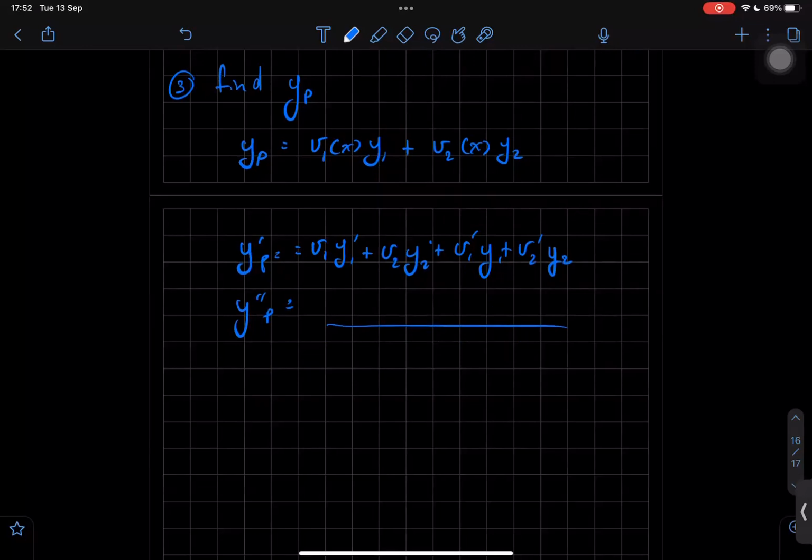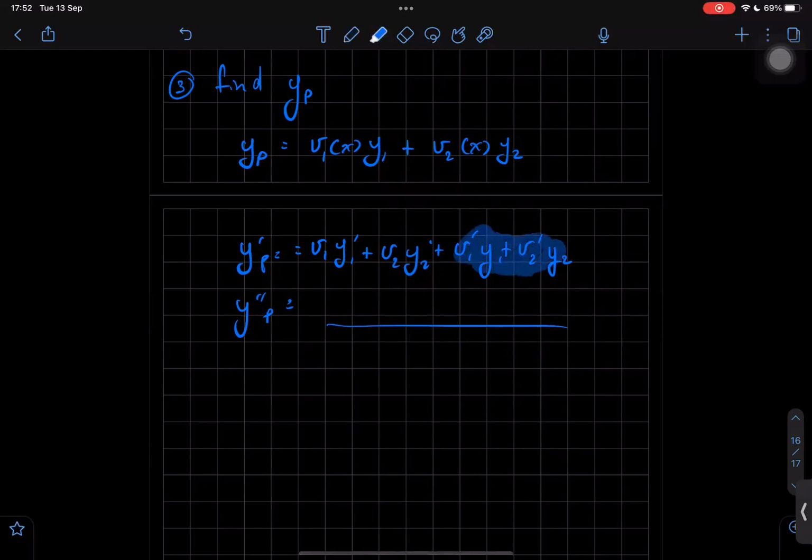Now we want to avoid the second derivative of the unknown variable.